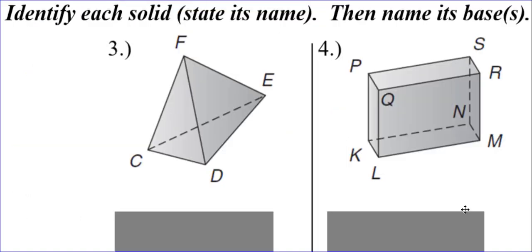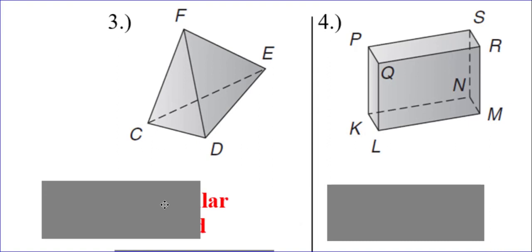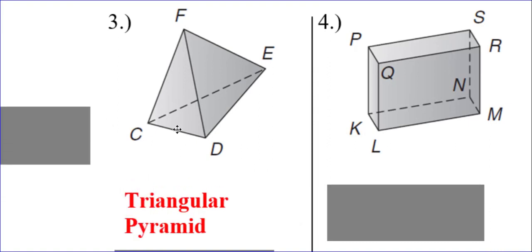All right. I would like for you to try numbers 3 and 4 on your own. So hit pause on the video, do 3 and 4 on your own, then hit play when you're ready to see how you did. All right, I hope you already did 3 and 4 on your own. Problem number 3 was a triangular pyramid. How do we know? Because there's a triangle at the bottom, and coming off of that triangle are more triangles. So that is a triangular pyramid, definitely not a prism.